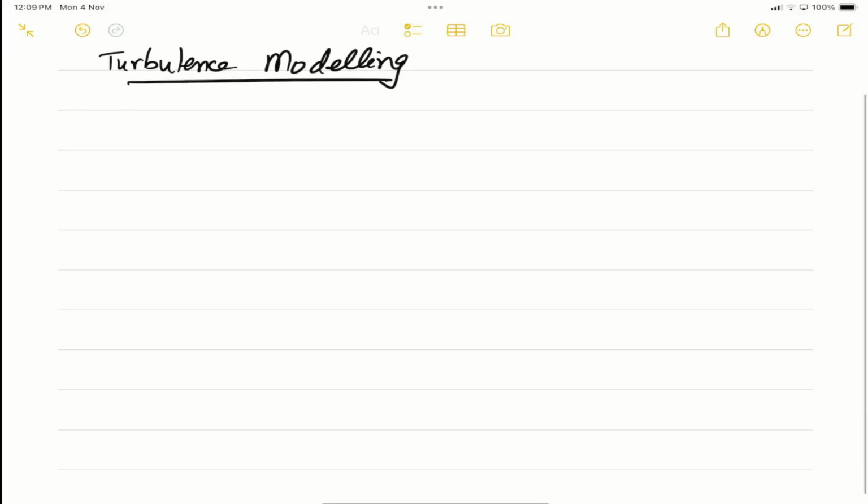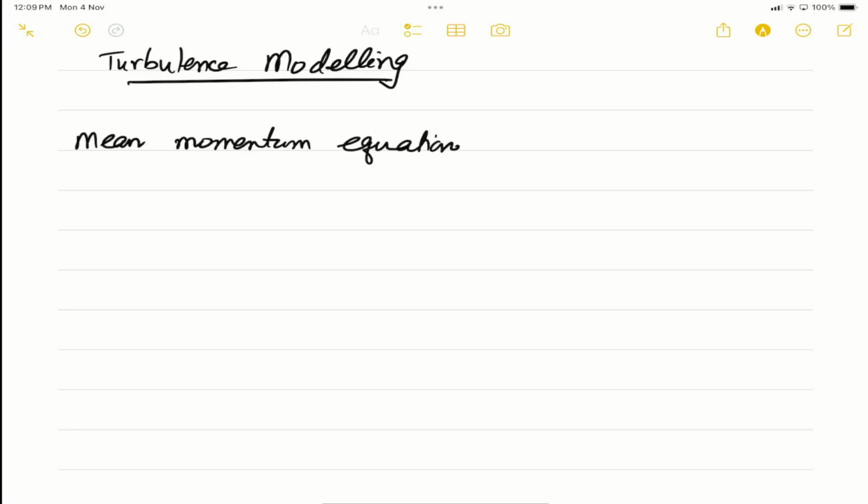And we'll start off with the mean momentum equations. This equation we have already derived in the homework also and in the class also. So I'll just write it.